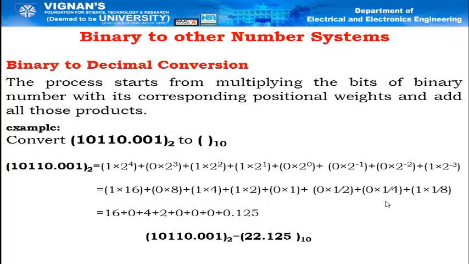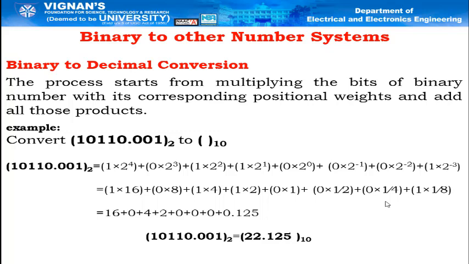In this conversion, multiply the bit value with its positional weight. If the weight is 2 power 0, which is 1, and the bit value is 0, multiplying gives 0. Next, the weight is 2 power 1 and its bit value is 1.